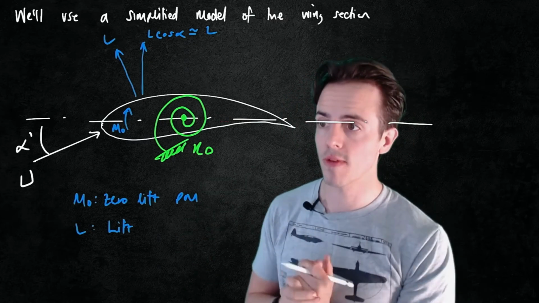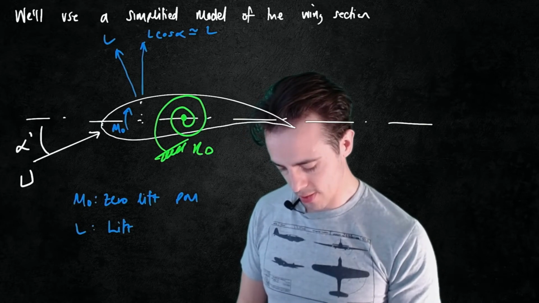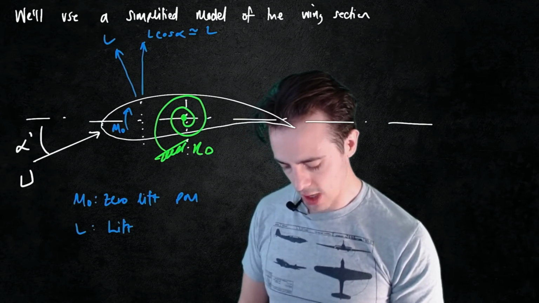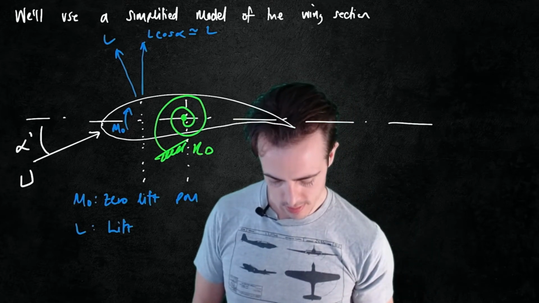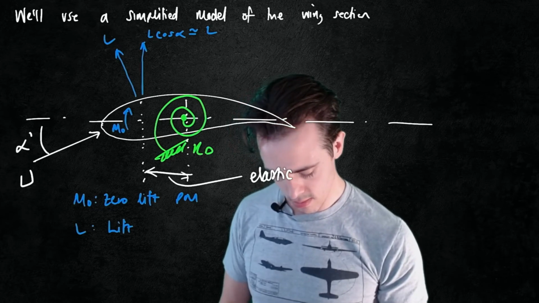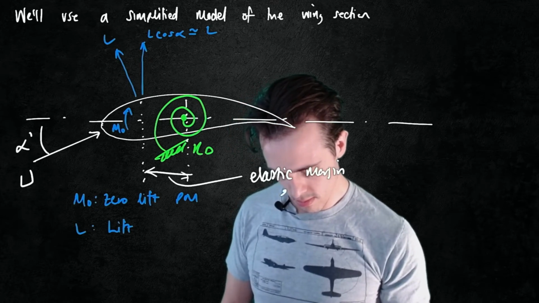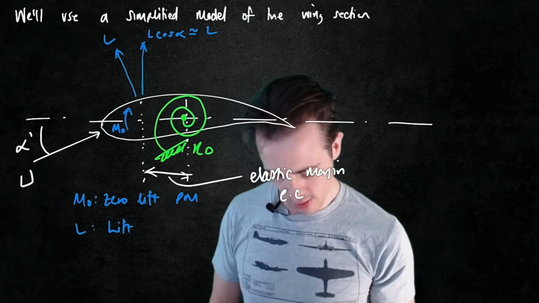There isn't any inertial feedback. The parameter that's really important here is the distance between these two axes, and we've already described this as the elastic margin, EC, where C is simply the chord of the aerofoil.